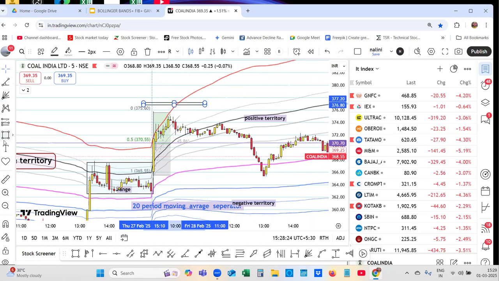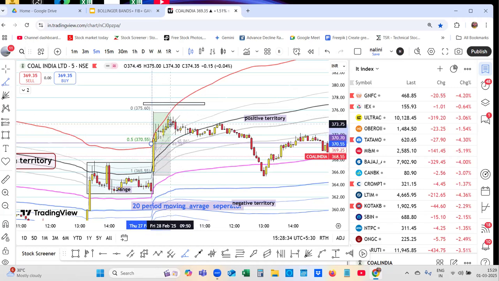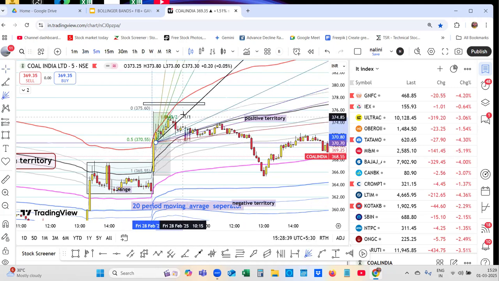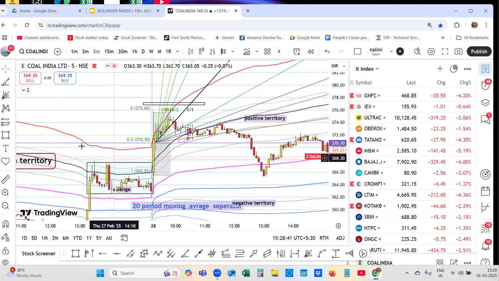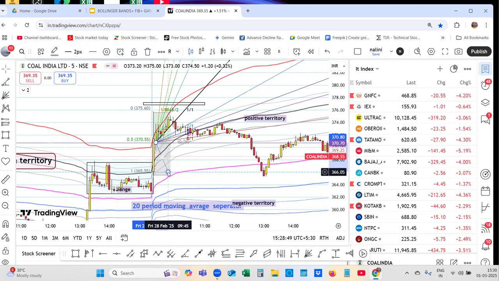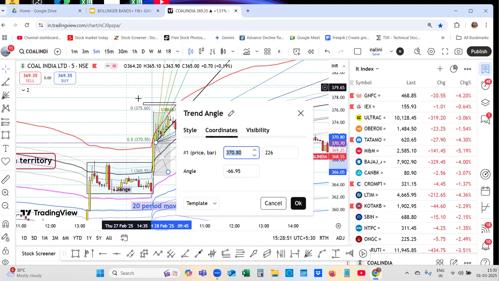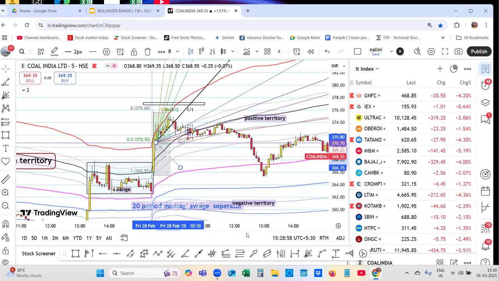Suppose I apply the Gann angle. So 45 degree is already there, and I'm taking the Gann fan and applying it over this. Again, to know the trend, I am below this. Let me make it 45 coordinate, so automatically it comes.